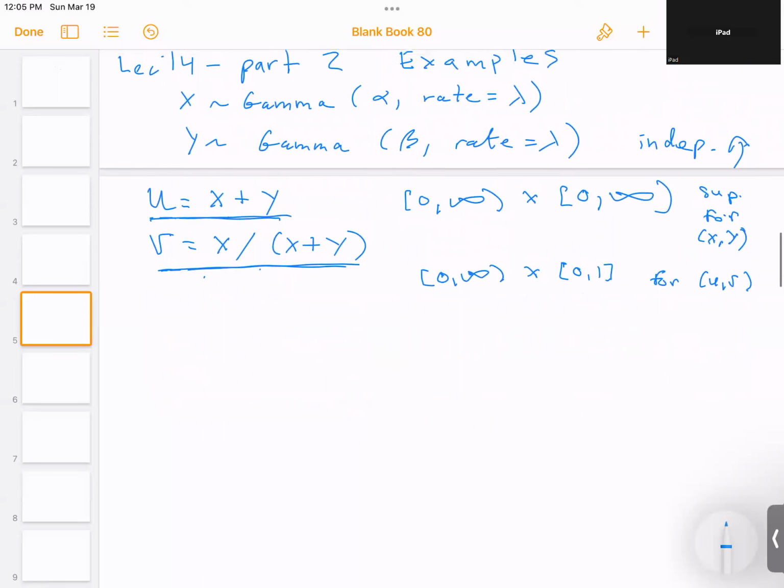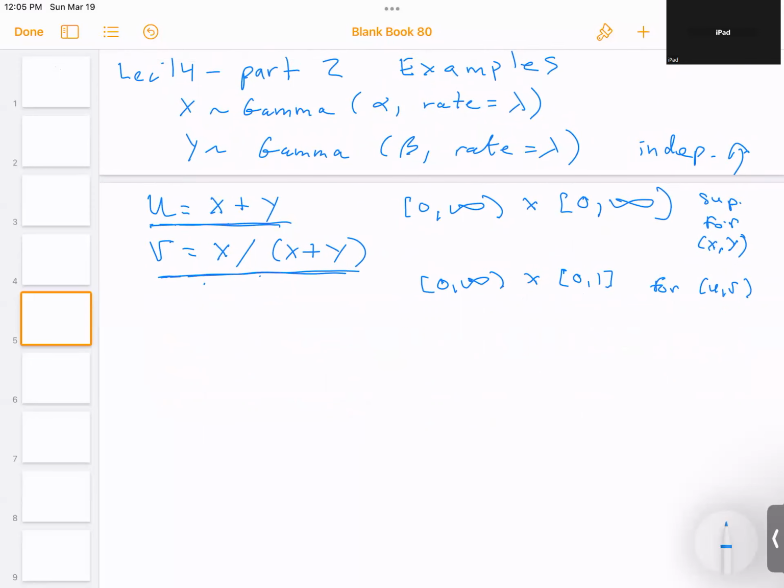Okay, so what are the inverse functions? This is not always easy to figure out. You usually have to solve a system of nonlinear equations, but in this case, I think we can do it. How do I get back to x and y? Well, if I multiply through by x plus y here, I have x is v times x plus y, and x plus y is u. So I know x is uv.